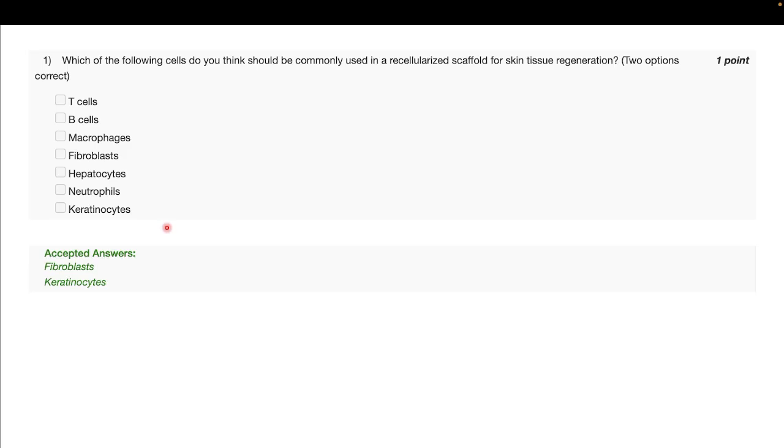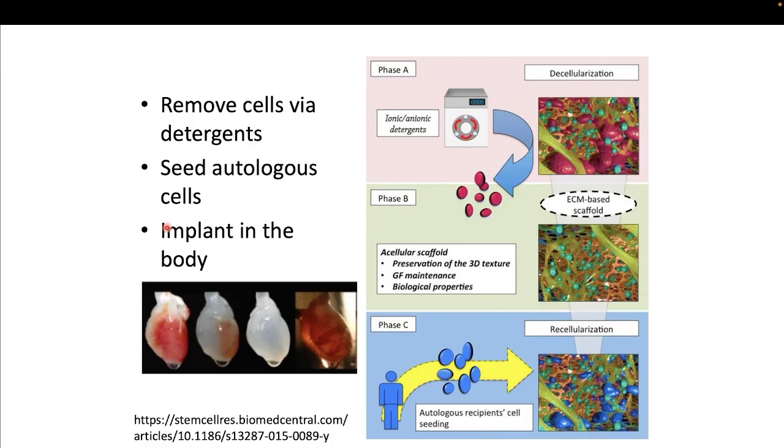So what is a recellularized scaffold? As I was saying, let's say you have a donor, and you want to put this implant into the skin tissue of some other patient. In that case, you first have to remove the cells from the donor person, because those cells would be viewed as a foreign material by your patient's body.